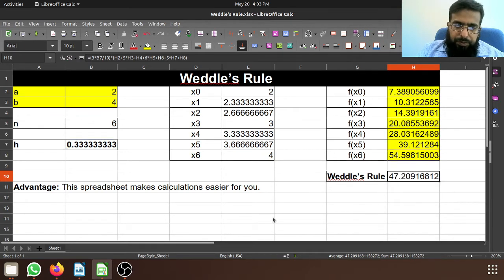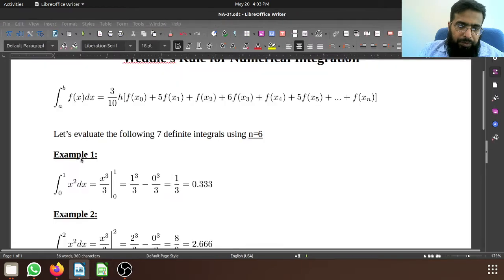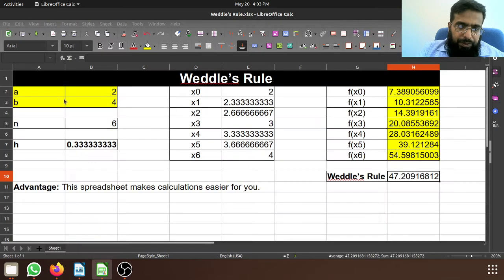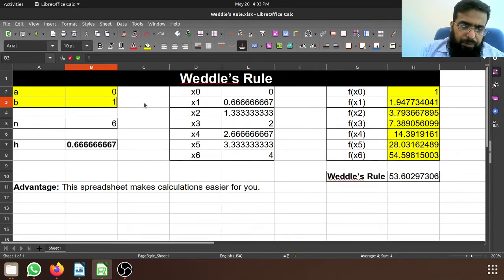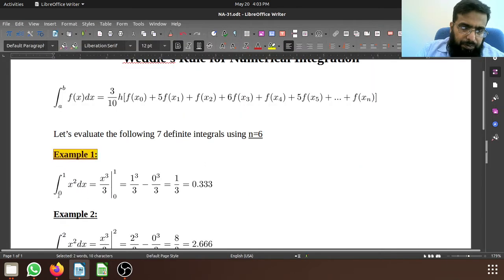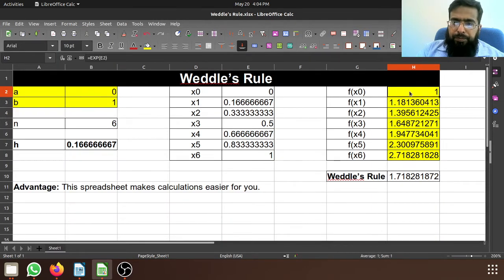In order to evaluate a given integral, for example example number 1, you have to put limits a and b first in this sheet. The limits are 0 and 1, and f of x is x squared, so let's put x squared here.